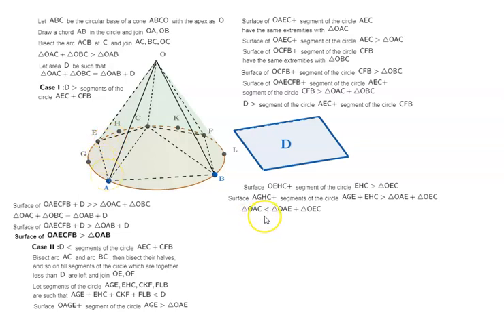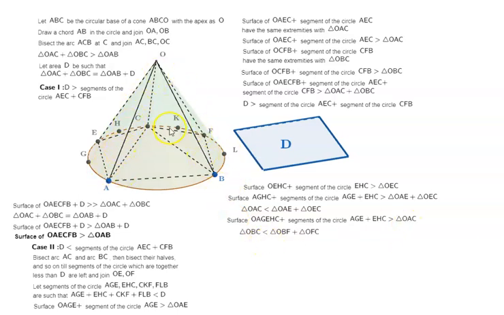So we can say triangle OAC is less than the sum of these two triangles. So surface OAGEHC, this section of the cone, plus the base of that section of the cone, that is AGE plus EHC, is greater than the triangle OAC.